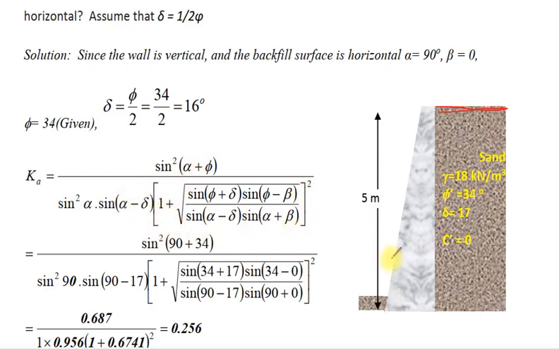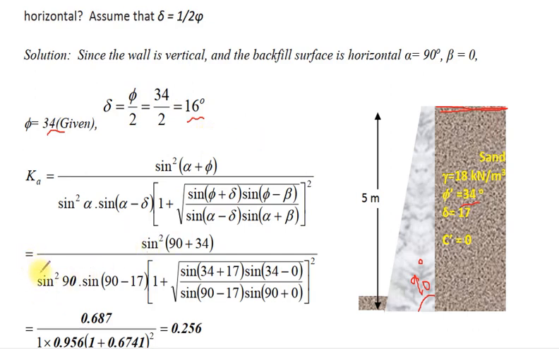Here alpha is the angle between the back face of the retaining wall and the horizontal line, so alpha equals 90 degrees. And phi is the angle of internal friction of the soil, equal to 34. Delta equals phi over 2, equal to 17 degrees.